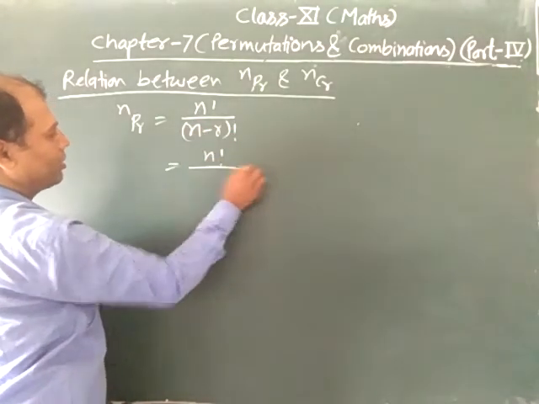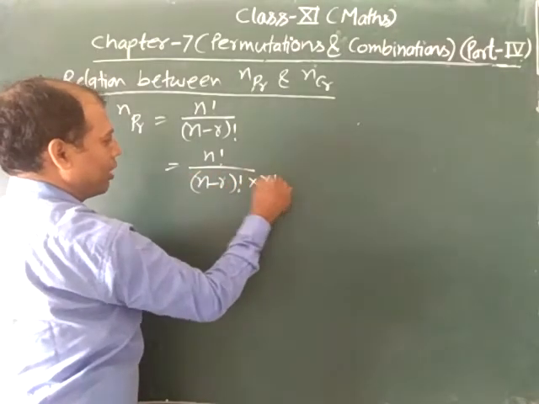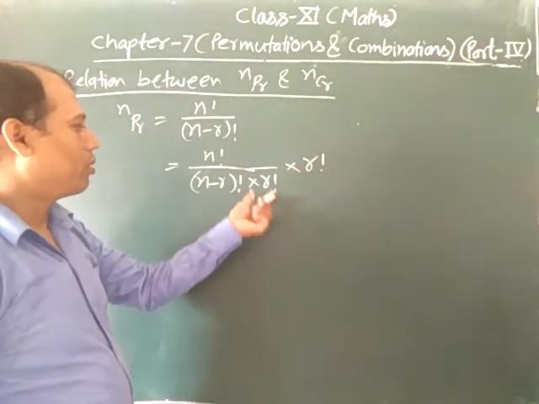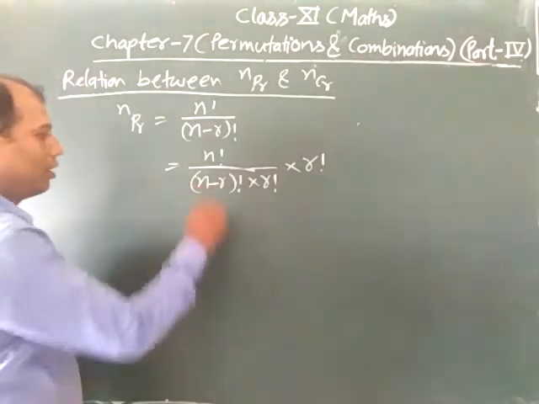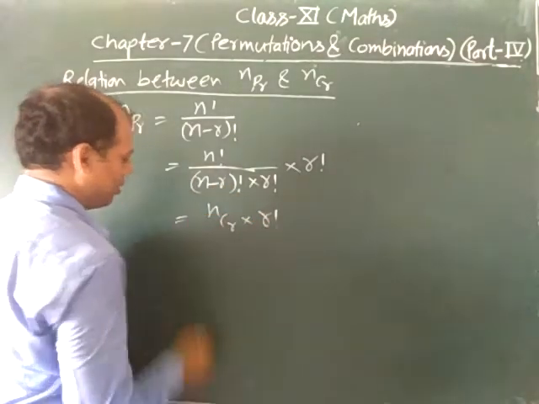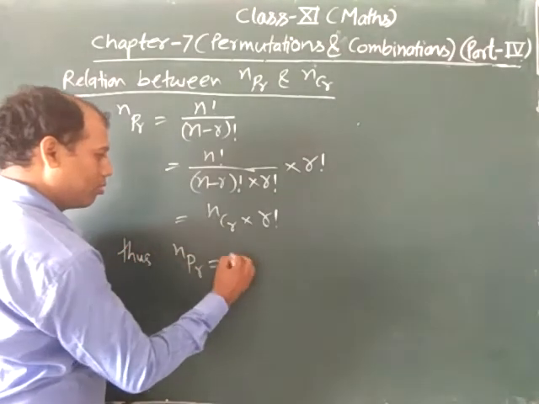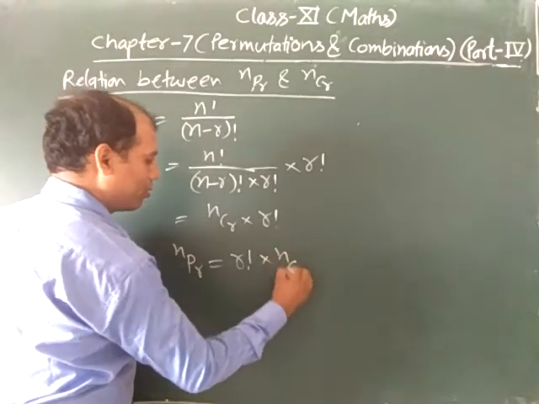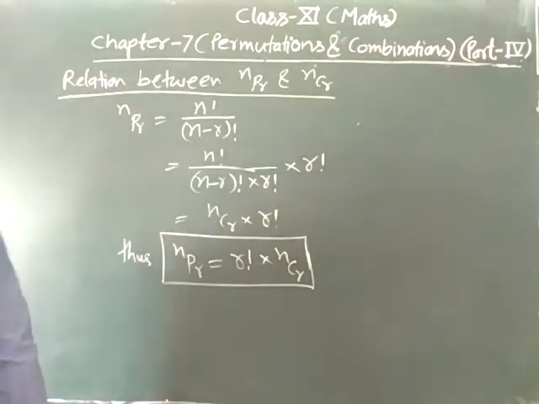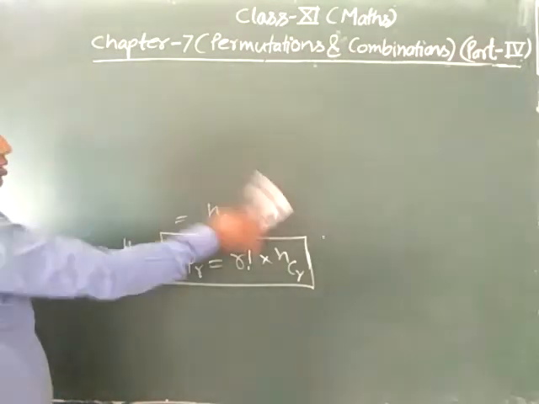We can also write it as factorial n by factorial n minus r into factorial r, multiplied with factorial r. We multiply both numerator and denominator by factorial r, and this is the value of nCr into factorial r. Thus nPr equals factorial r into nCr. This is the relation between nCr and nPr. It is clear, students? Now we are going to discuss some theorems.